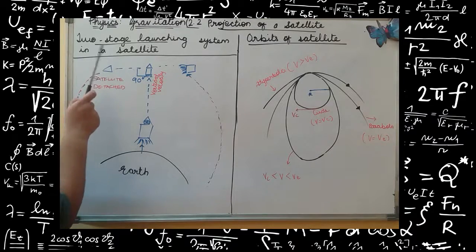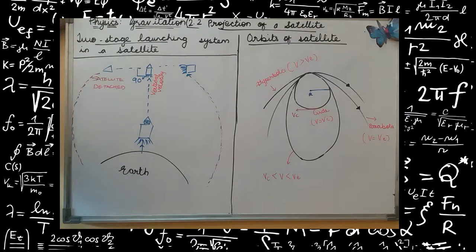This is a question, how is the two-stage launching system carried out while launching a satellite. What happens here is, see, when a rocket is launched, the satellite is kept at the first part or the tip of the rocket.